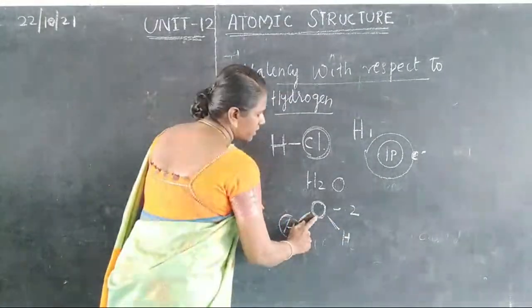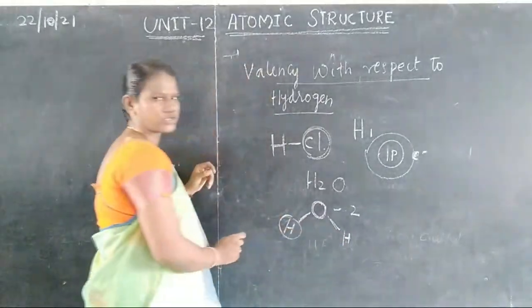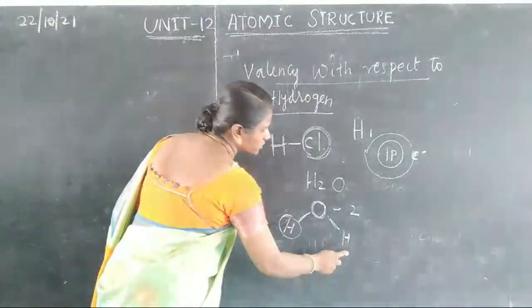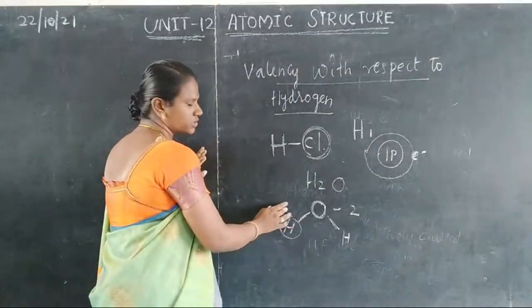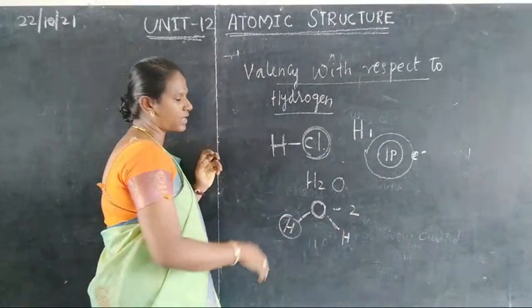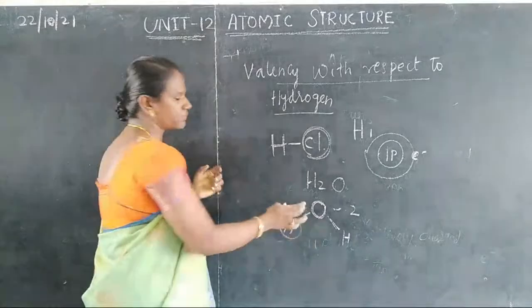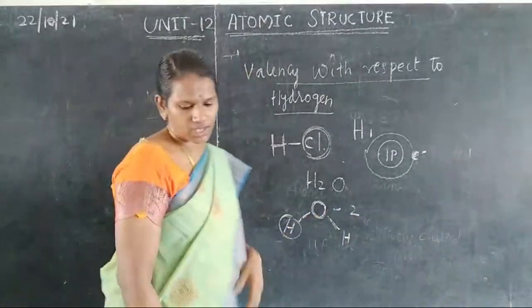But here the oxygen is combined with two separate hydrogens. So what is the valency of oxygen here? It is 2, because oxygen can combine with two hydrogen atoms.